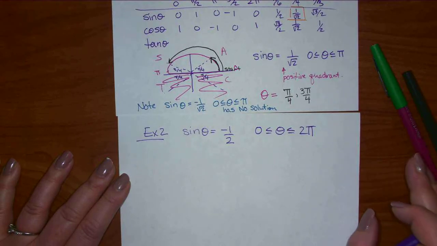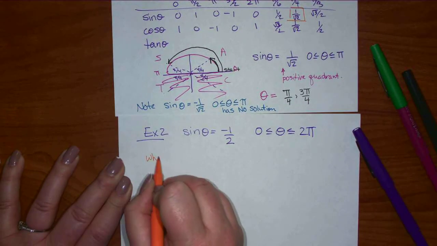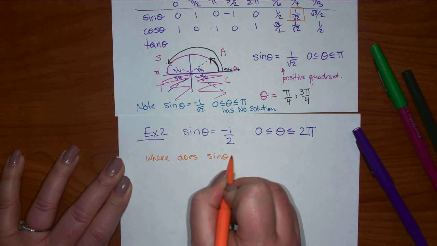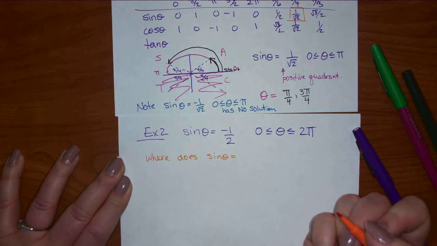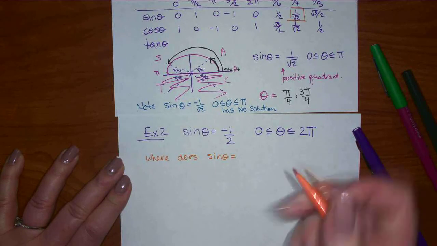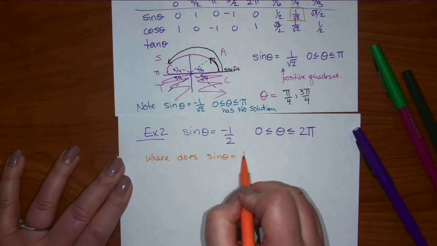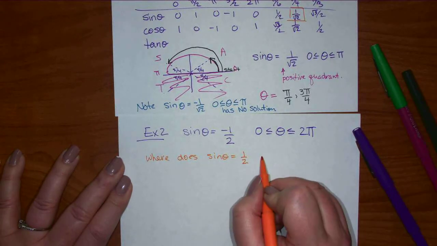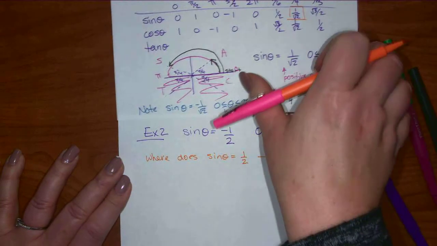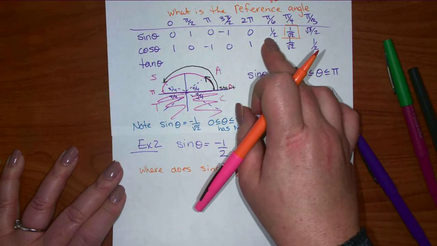So you say, where does sine theta equal, what would you look up on the table? 1/2. You don't need the negative, because the negative is just about the quadrant. It's not what answers are in the table. So where does sine equal 1/2? That would be theta equals pi over 6. The sine is 1/2 up here, pi over 6.